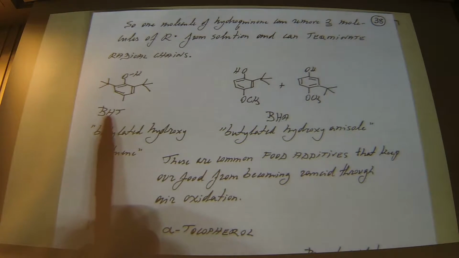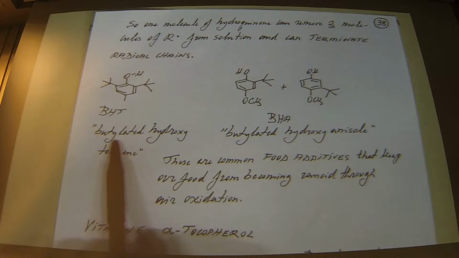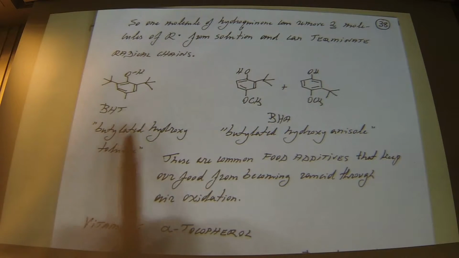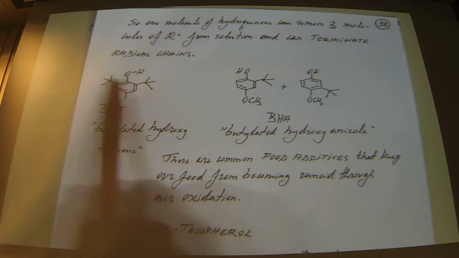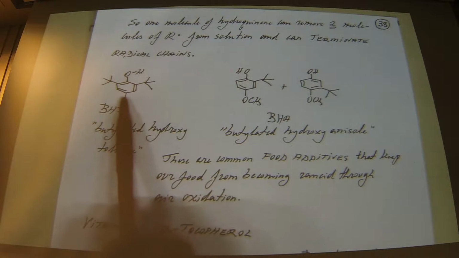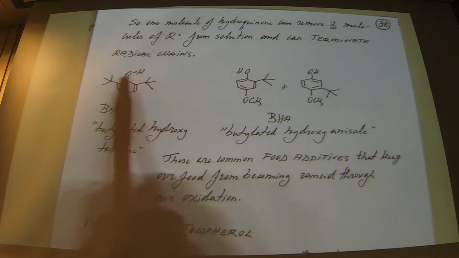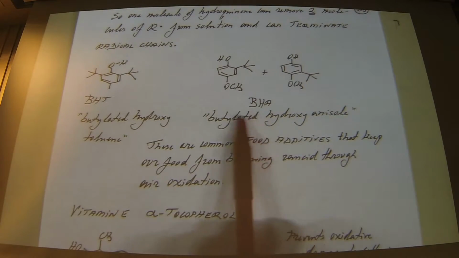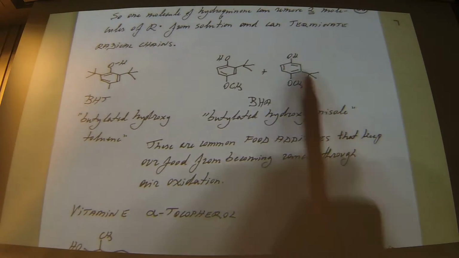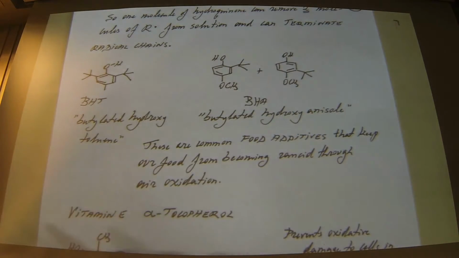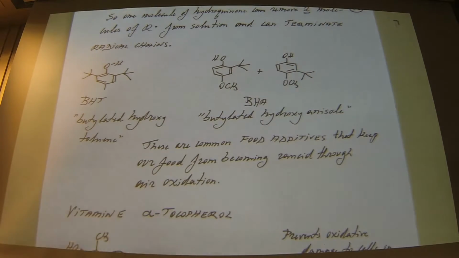And BHT is a really screwed up name, butylated hydroxytoluene, which is not systematic at all. But here are the butyls. Here, toluene, remember, is methylbenzene, so there's methylbenzene, and hydroxytoluene as well, there's the hydroxy. So that's BHT. BHA is butylated hydroxyanisole. This is usually a mixture of positional isomers.